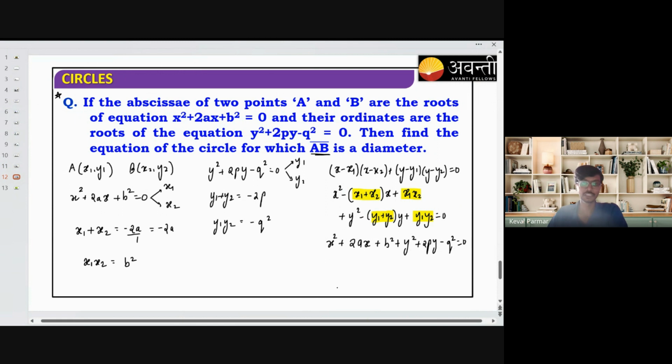Let us rearrange. So we'll get x square plus y square plus 2ax plus 2py plus b square minus q square equals 0. This is my answer. Simple. Correct. I hope you remember this.